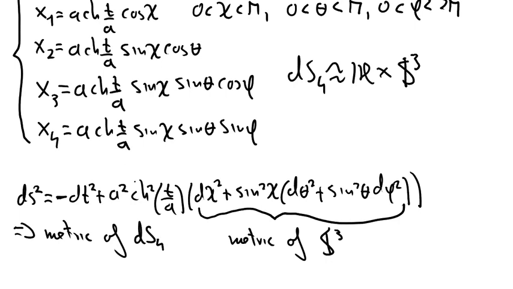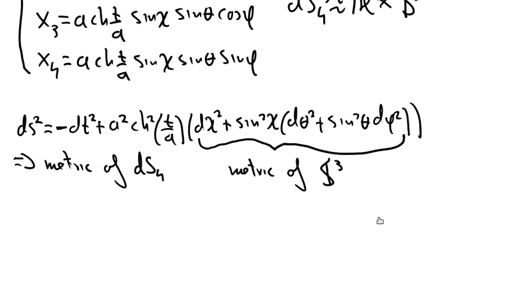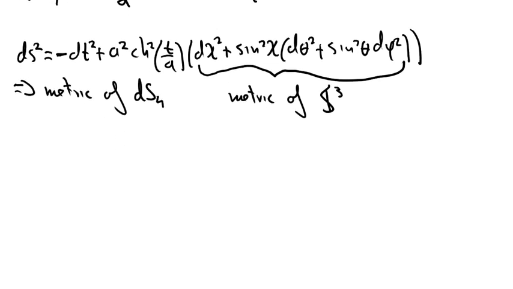And so it's clear when we look at this expression why I'm saying that the topology of de Sitter is R cross S3. Maybe this would get even clearer if we just look at a picture of the hyperboloid. I have already prepared a picture for you.